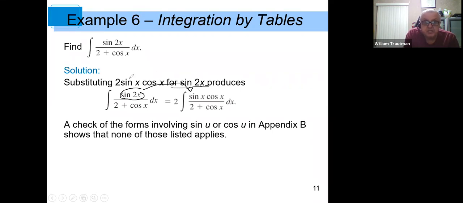If you look at your trig formula sheet, sine of 2 theta equals 2 sine theta cosine theta. So that's on our formula sheet, and they just brought the 2 out front.